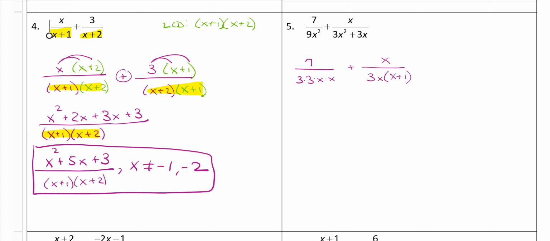So if we're looking for our least common denominator, well, notice here we have a 3 in common and we have an x in common. We only write that down once. So we have 3x, but then I need this missing 3x. So I need this guy here and this guy here, plus I need that x plus 1. So my least common denominator is going to be 9x squared times x plus 1.